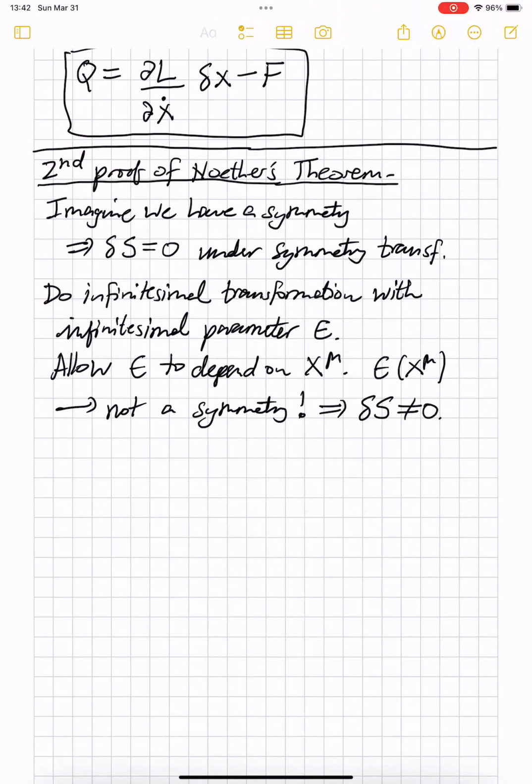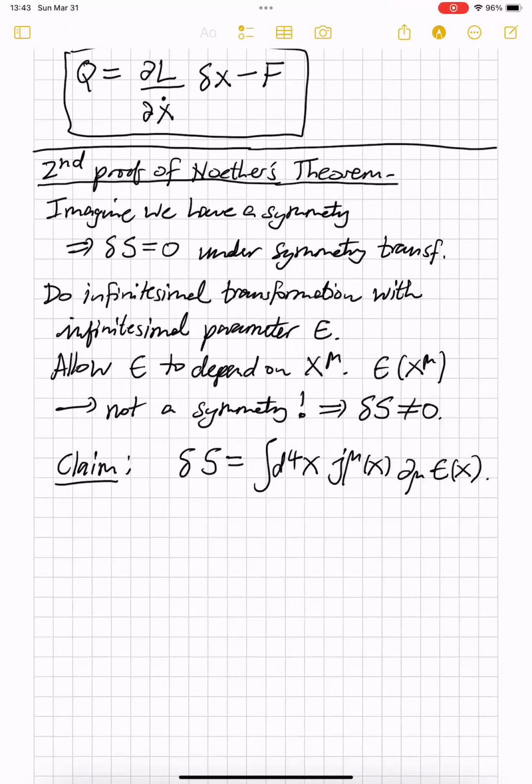Well, if the change in the action is not zero, what is it? Here's what I claim. My claim is that the change in the action delta S will be equal to an integral d⁴x of j^μ(x) ∂_μ ε(x).